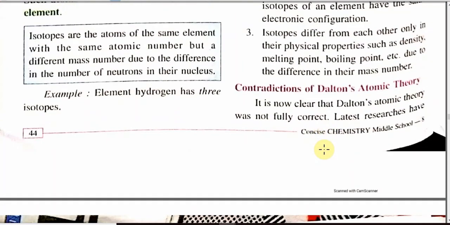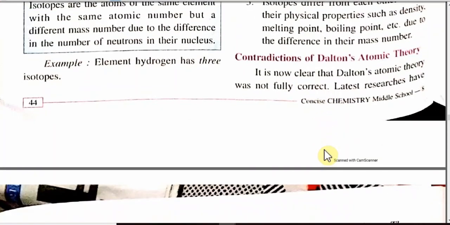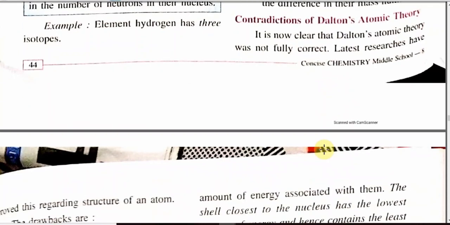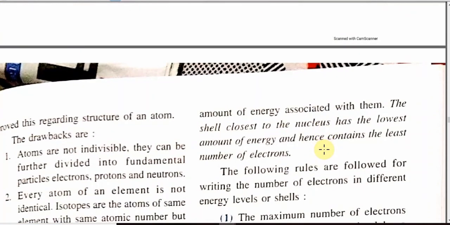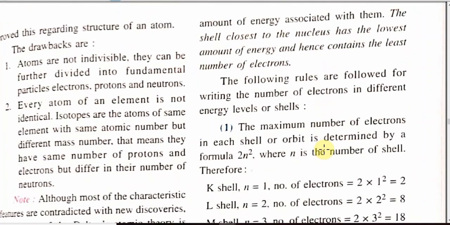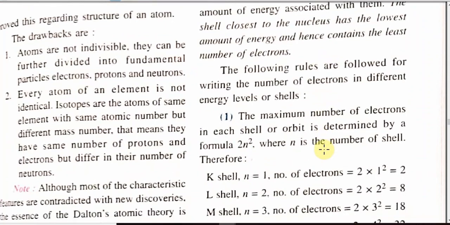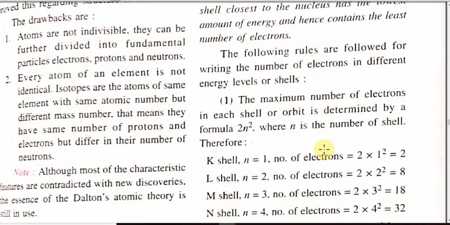Let us see one point of contradiction of Dalton's atomic theory. Now it is clear that Dalton's atomic theory was not fully correct. Now the latest researchers have provided 2 reasons to prove their point. What are the drawbacks? First drawback, atoms are not indivisible because we have seen that the smaller parts of an atom are electrons, protons and neutrons.